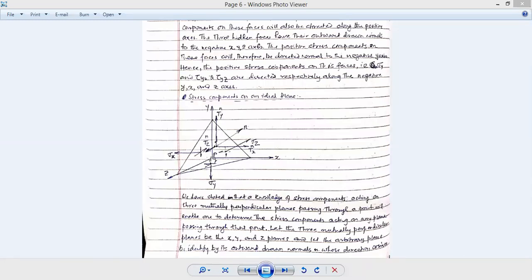Now, let us isolate this tetrahedron from the original body of our prismatic bar. If we isolate and make a free body diagram of a certain portion of a loaded prismatic bar, we have to show the original given forces over it, as well as the reaction of its adjacent face over it.